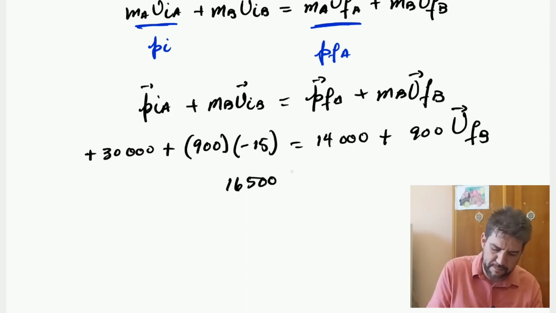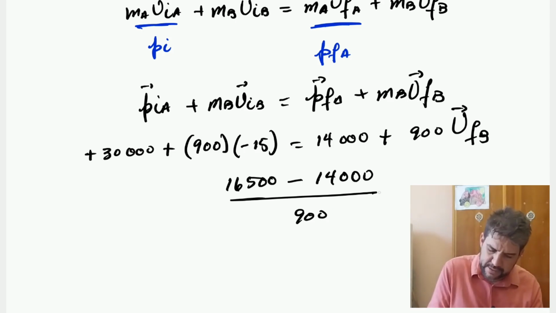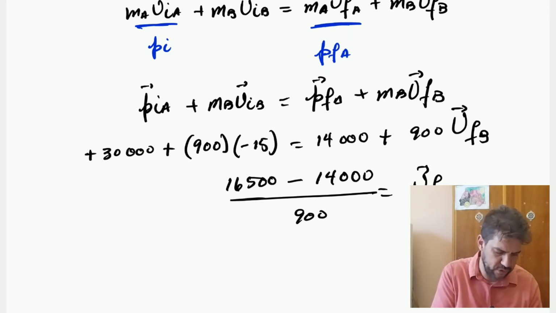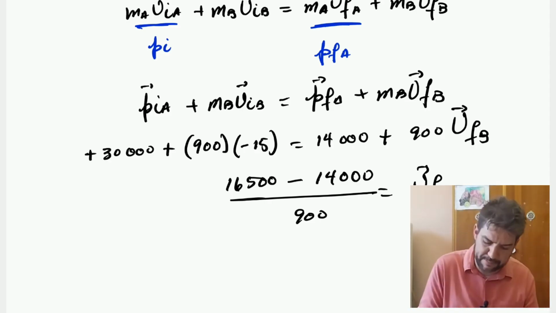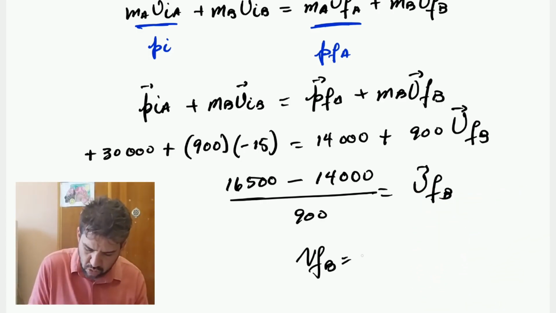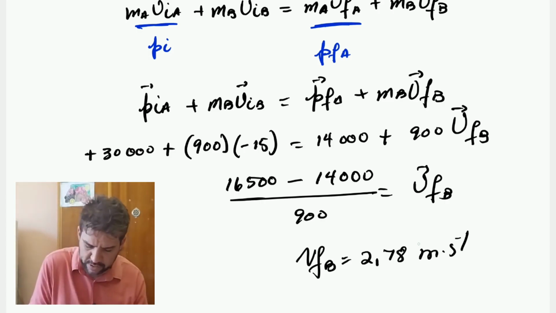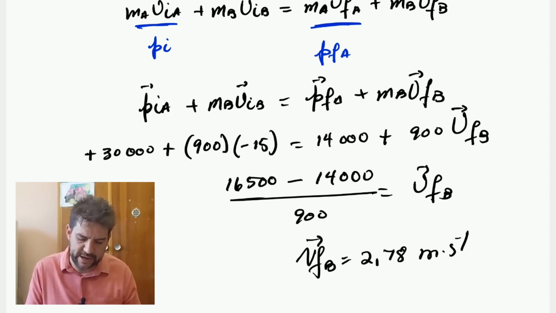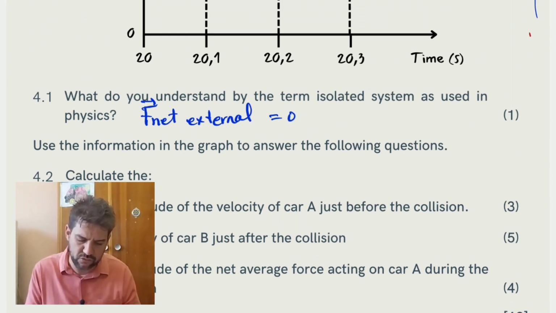All that minus 14,000 divided by 900 is equal to v final B. So this one minus 14,000 divided by 900, guys, we get that the final velocity of car B is equal to 2.78 meters per second.